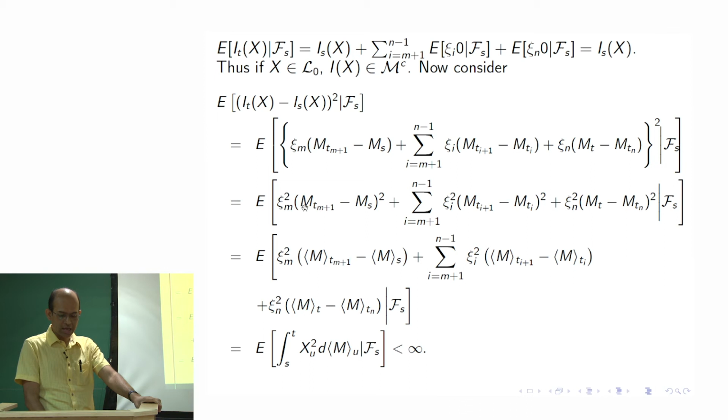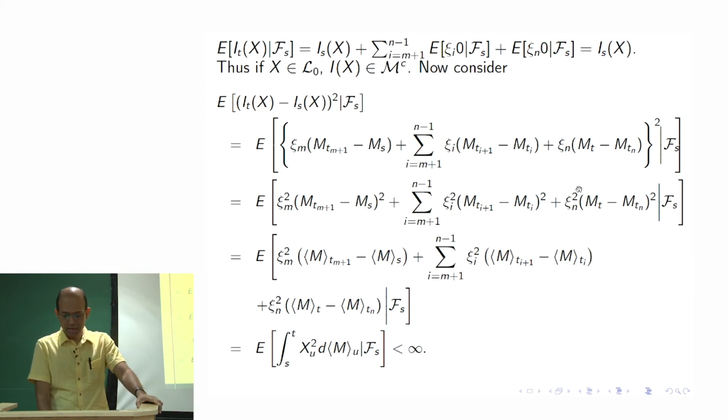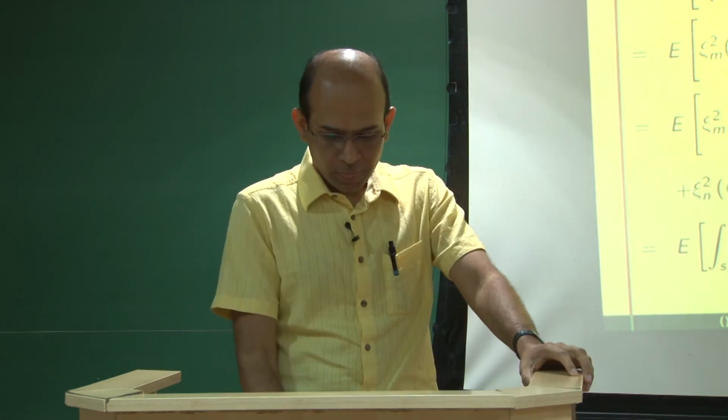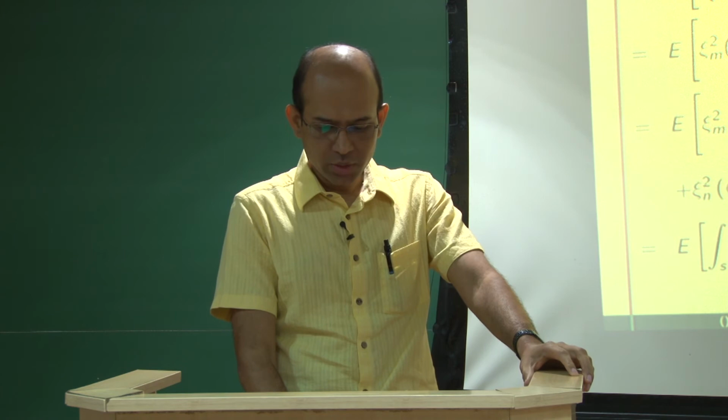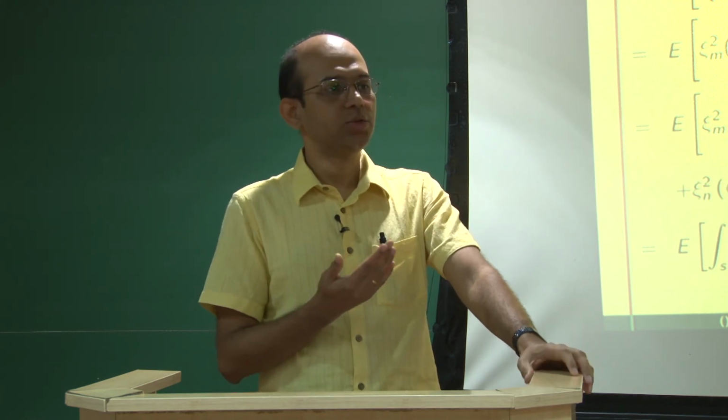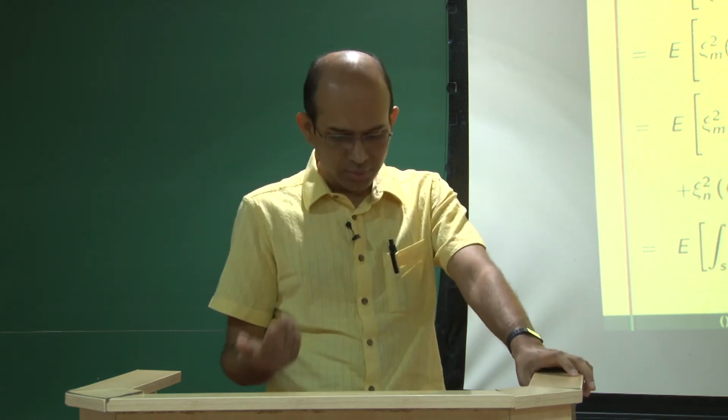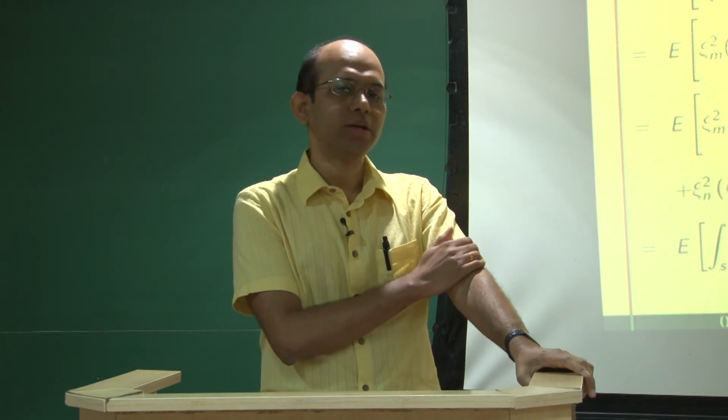So xi_m square times (M_{t_{m+1}} minus M_s) whole square, plus the summation i equal to m+1 to n-1 of xi_i square times (M_{t_{i+1}} minus M_{t_i}) whole square, plus xi_n square times (M_t minus M_{t_n}) whole square. After this, we are going to use the Doob-Meyer decomposition result and the very definition of quadratic variation.